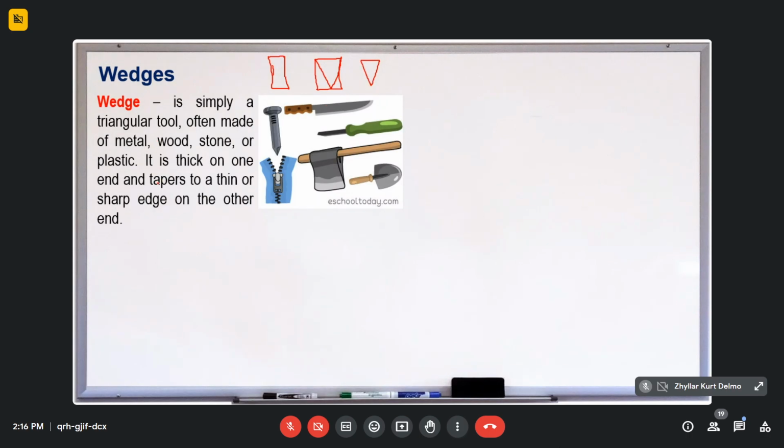Common wedges in our surroundings: we have the nail with its tip, which we drive through wood to securely fasten two objects. It uses wedging action to cut through and penetrate the wood.